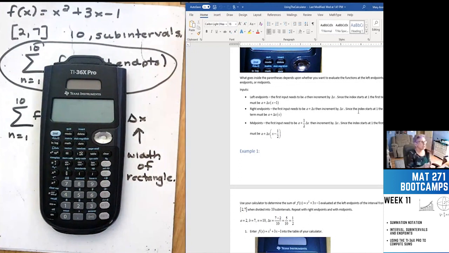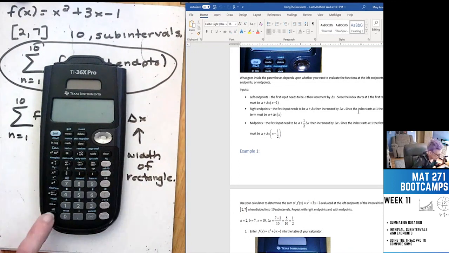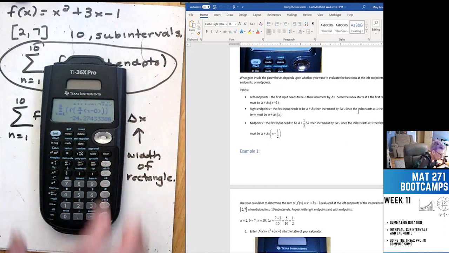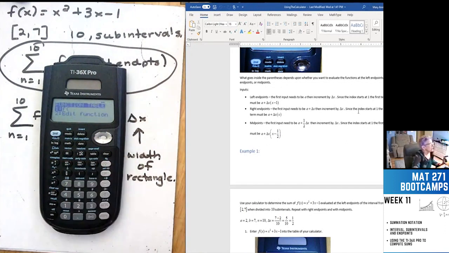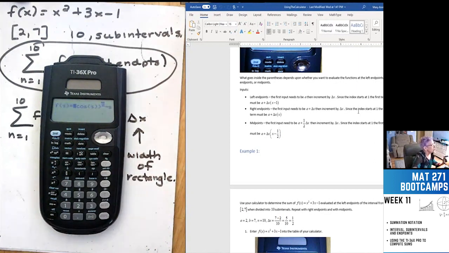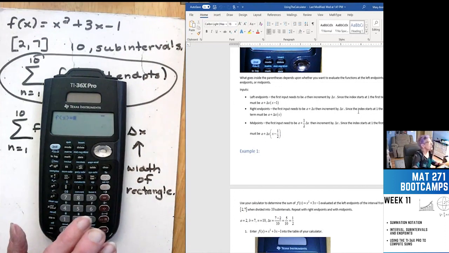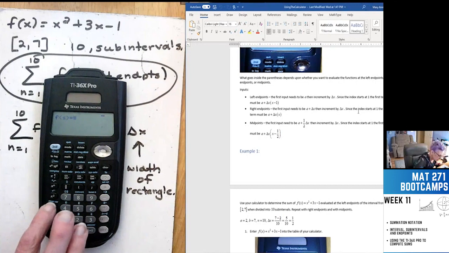So first thing we need to do is to get our function into our calculator. So turn it on, hit table, edit function, get rid of that old function, and put in x squared plus 3x minus 1.